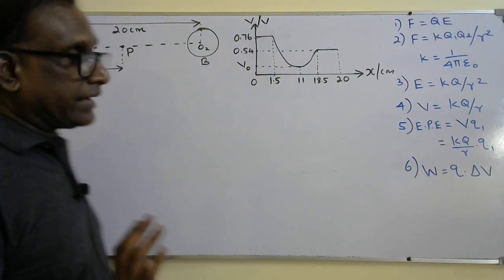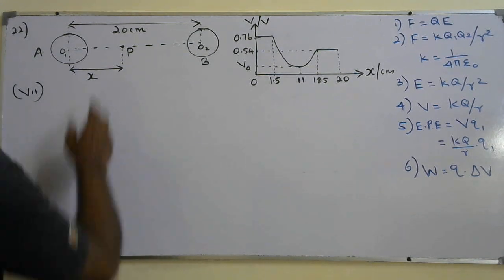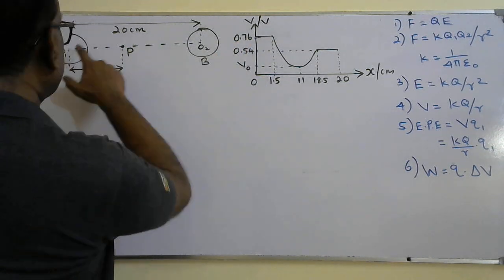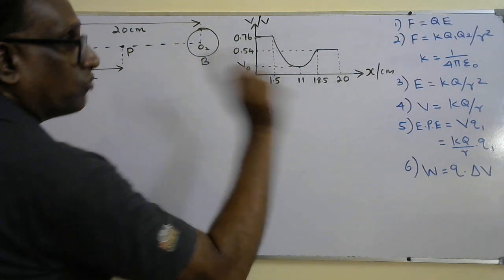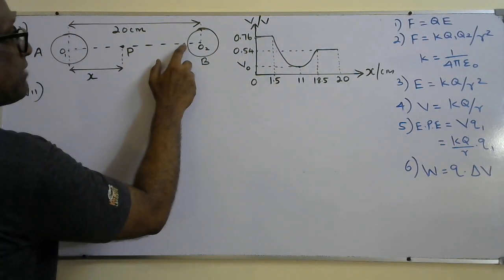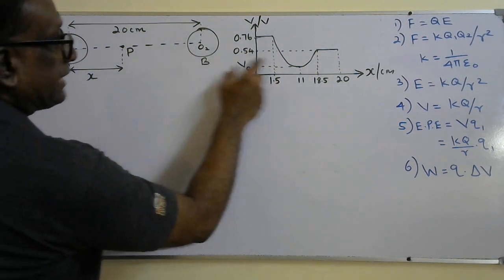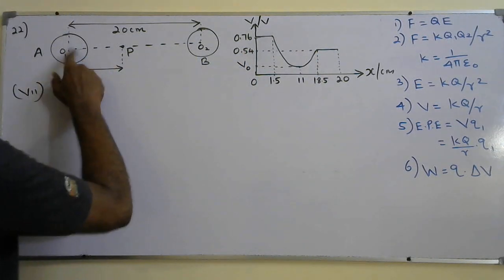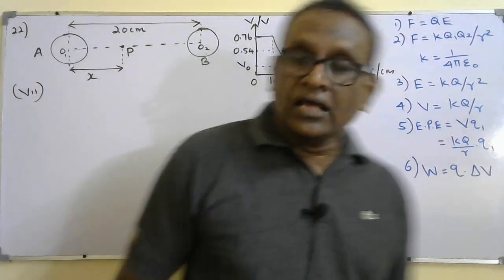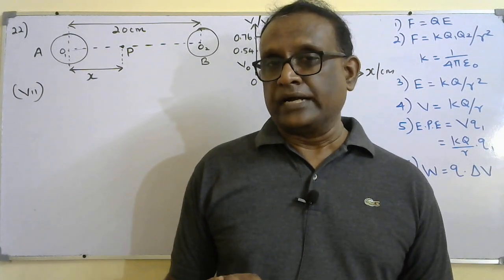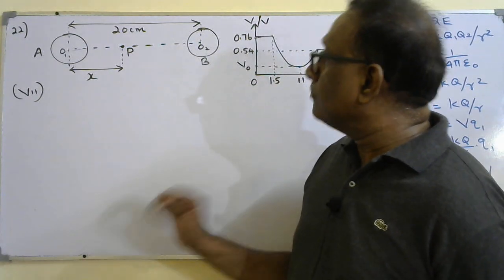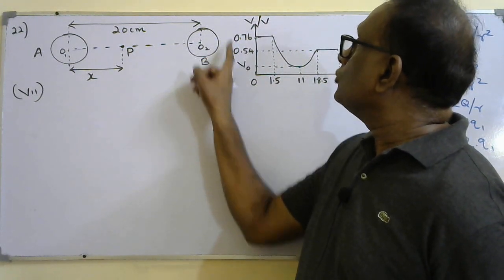Okay, now look at here. Carefully think and answer. The alpha particle is initially on the surface of sphere A, where the electric potential is 0.76 volt. On the surface of sphere B, the electric potential is 0.5 volt, which is lower than the potential of sphere A. The alpha particle is positively charged, so it moves from higher potential to lower potential.